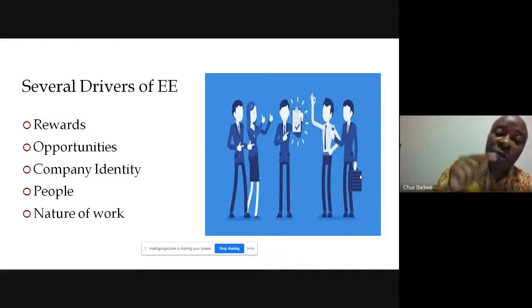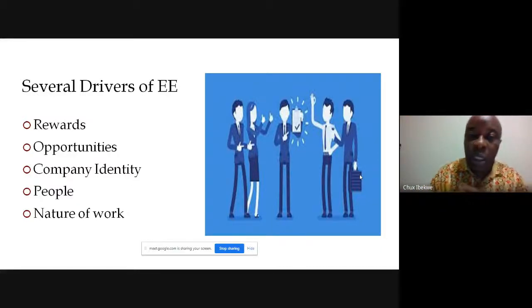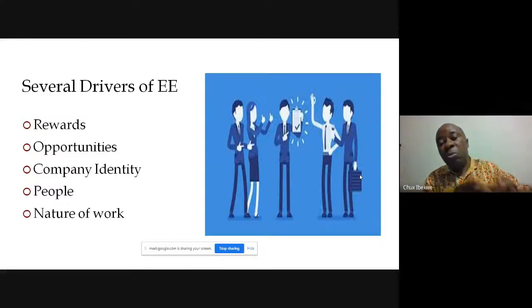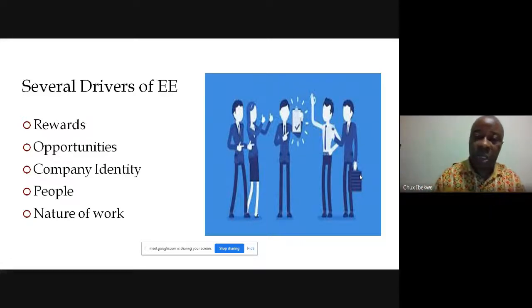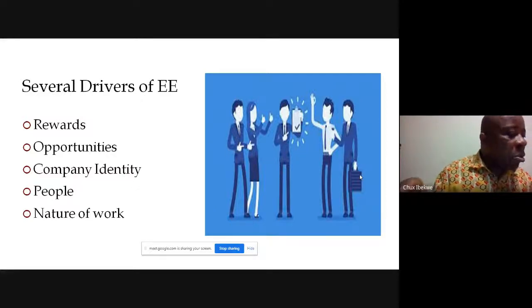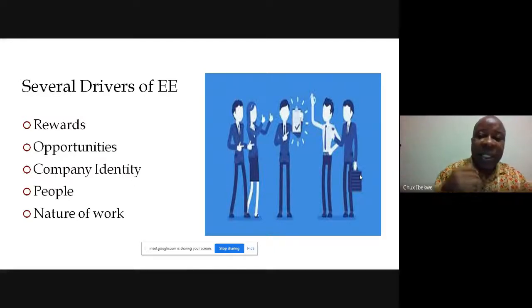Because, for instance, a Fortune 500 company, their reward system would not be the same as any company that's not a Fortune 500. In other words, you have small, medium, and large-scale industries. So the reward systems in these industries vary. So when we talk about rewards, we are looking at the pay.